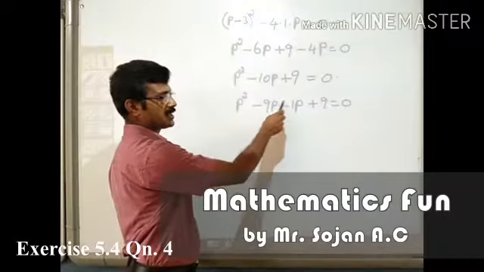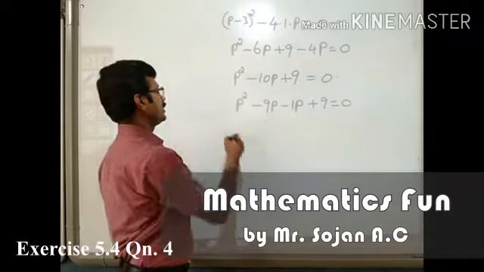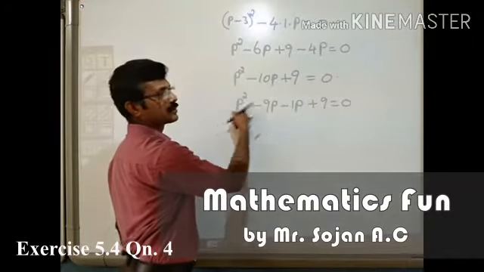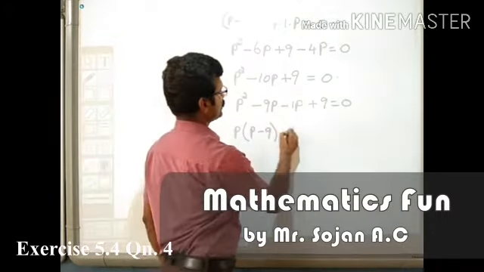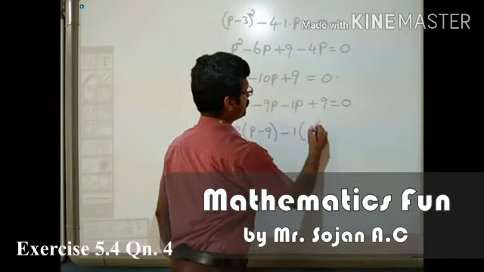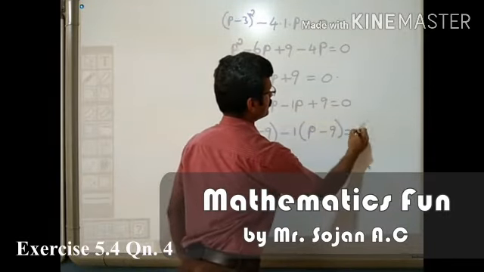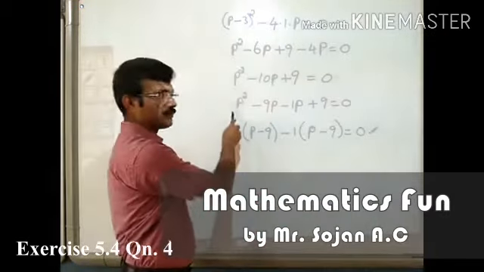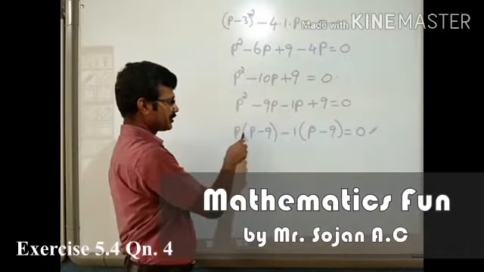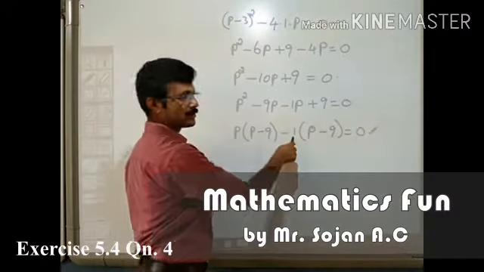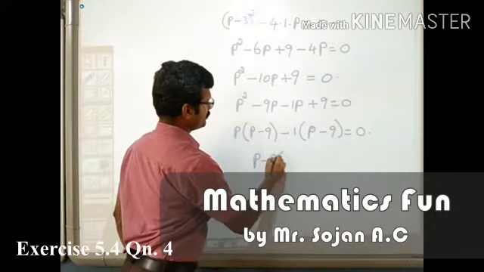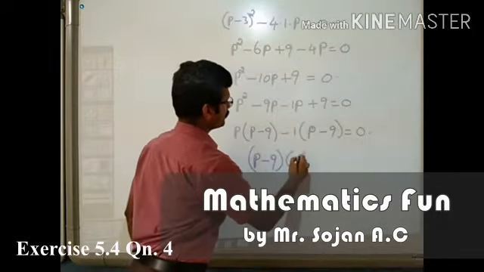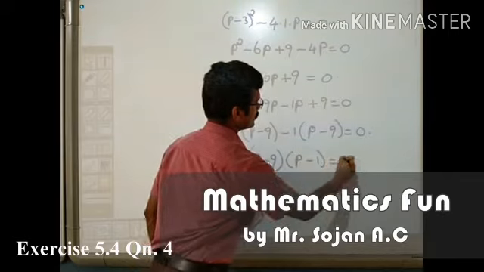Now I factorize: p is common here, p minus 9. Here minus 1 is common, p minus 9 is equal to 0. Here I have taken p common, here I have taken minus 1 common. So at last p minus 9 is common, (p minus 9) into (p minus 1) is equal to 0.